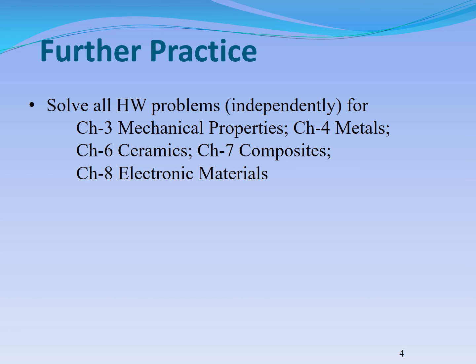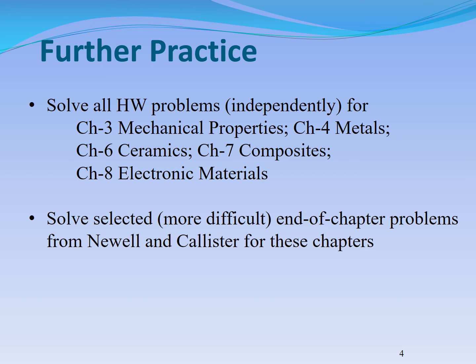Please do them independently yourself and solve selected more difficult end of chapter problems from Newell and Callister for these chapters, right? Don't do all the problems at the end of the chapter. Just select from each chapter only 1 or 2 problems which you think are pretty difficult. If you can do these difficult ones, then you can definitely do the others.